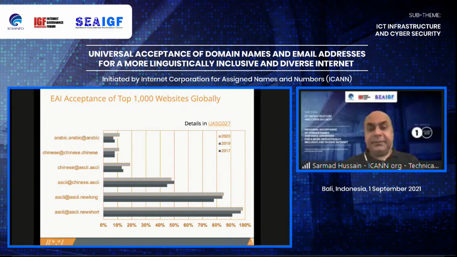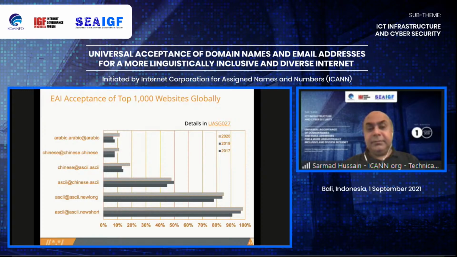But with these new top-level domains and domain names and email addresses in local languages, it becomes more challenging. So we'll see that if we start from the bottom, .sky, for example, is only supported by about 98% of the websites, which is still reasonable.